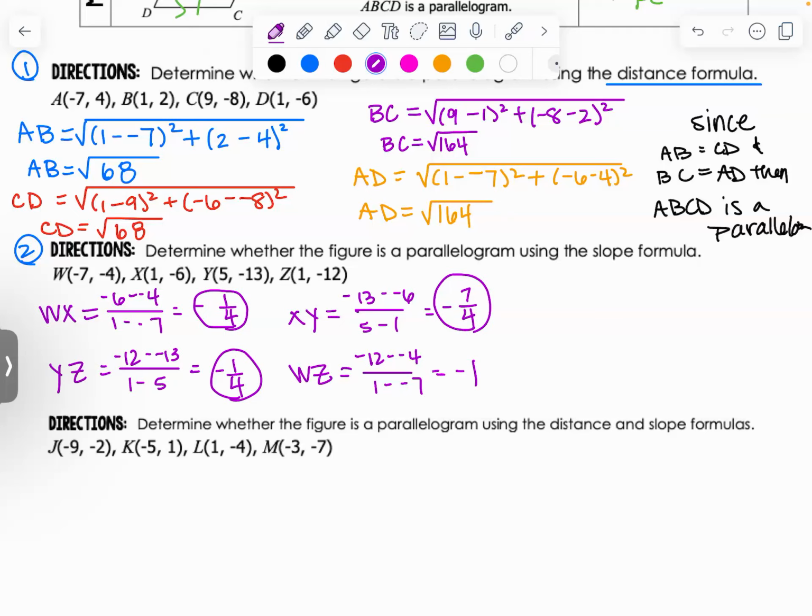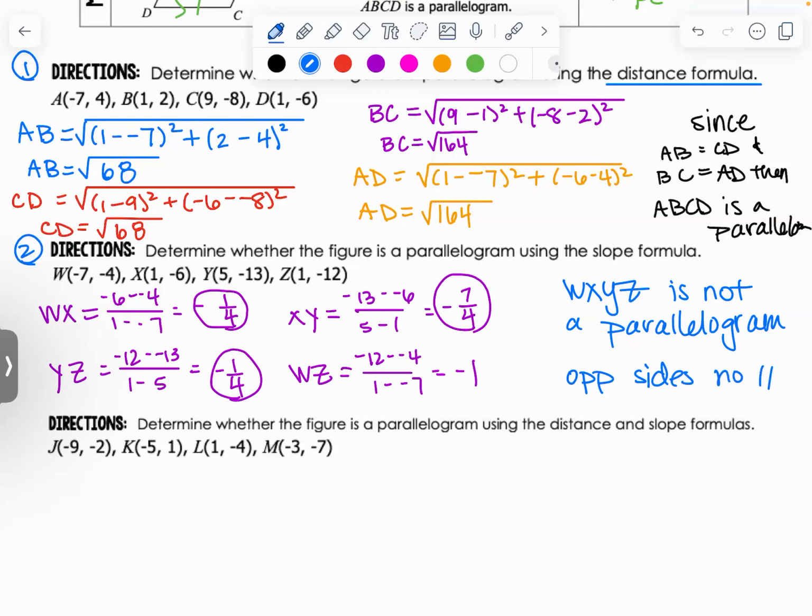So y is on top. Oh, for slope. Okay, so WXYZ is not a parallelogram. If we ever do a worksheet like this, does it matter which?